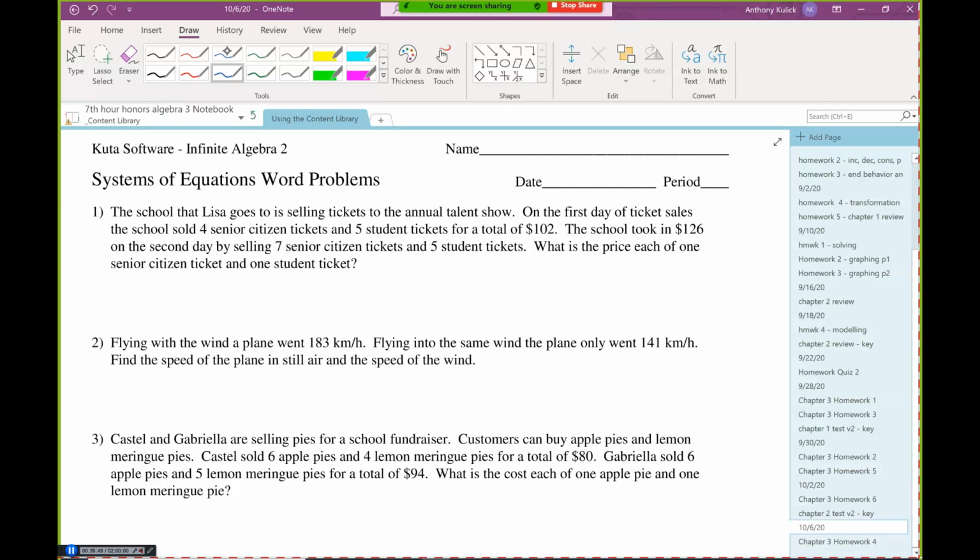Let's create a variable name to represent these 2 quantities that it's asking for, since it's clearly asking for 2 quantities, right? So I'm going to use X to be the dollars per senior citizen ticket, and Y to be the price of the student ticket.